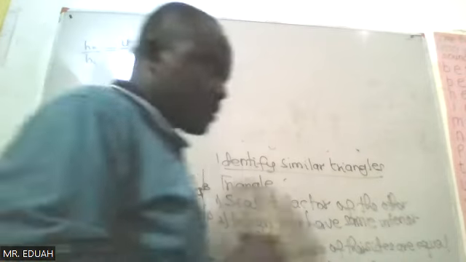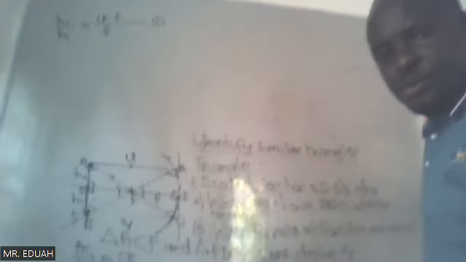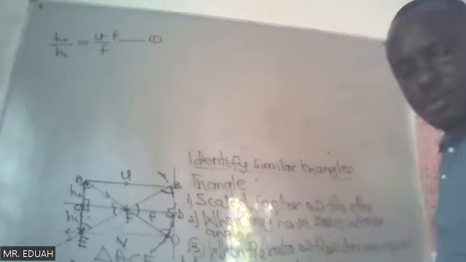Please give me feedback. I think you can read now. Then equation 2, which is HI on H naught is equal to V minus F over F.